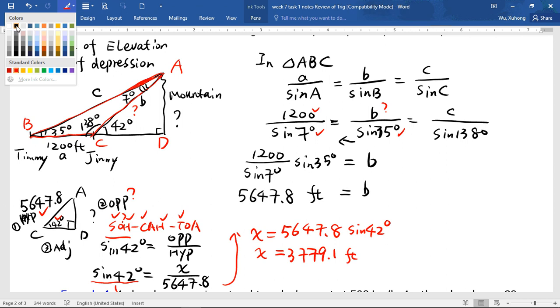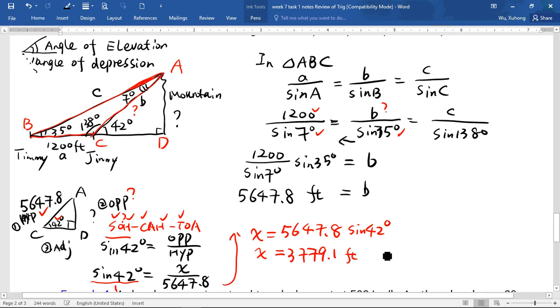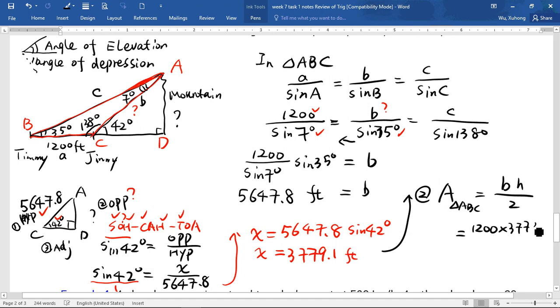Then question 2 asks you for the area of this triangle ABC. The area of a triangle is base times height divided by 2. So the base is 1,200, and the height is the mountain, 3,779.1, all over 2.